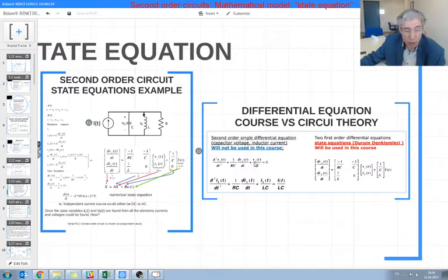In the first one, we have a second order derivative included in the equation. That's why it is called second order. But in this case, we have a first order differential equation in each equation, but there are two equations. In each equation, we have only the first order derivative, not the second order. This is the model that we are going to use in circuit theory. There are some reasons behind it. I will explain it later on.